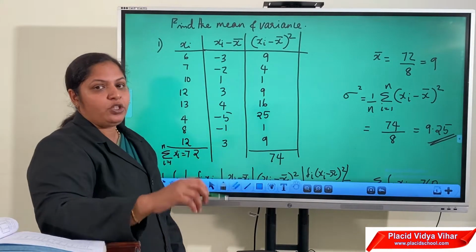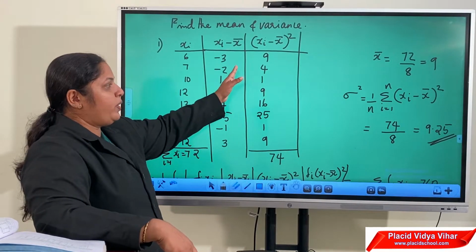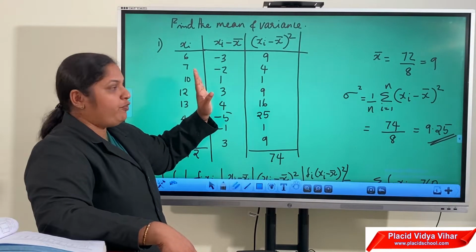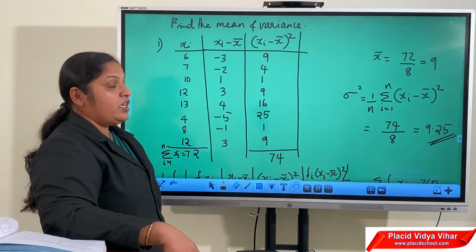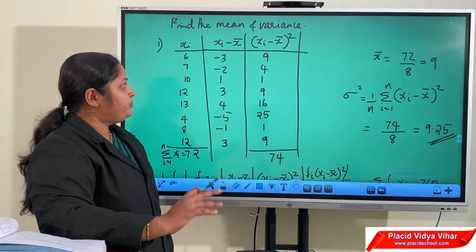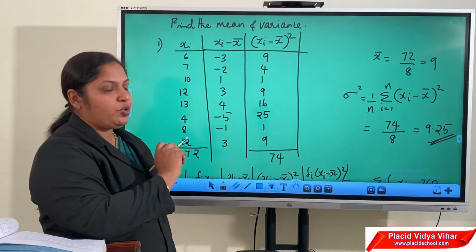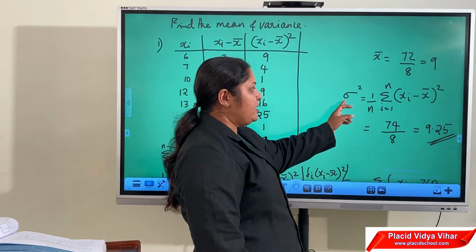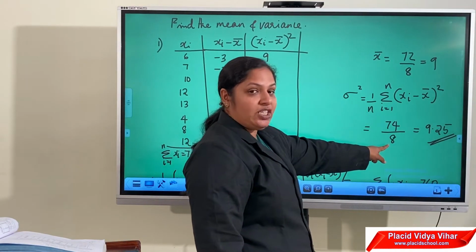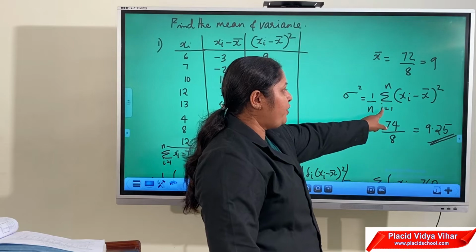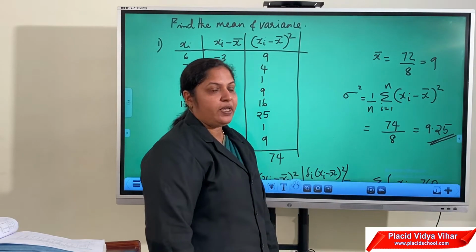Xi minus x bar the whole square. Minus 3 square is 9, minus 2 square is 4. Similarly we find all the squares of deviations. Find the sum. Then straight away substitute in the formula, we get variance is equal to 1 by n, that is 8. 1 by 8 into sum of i from 1 to n, xi minus x bar the whole square.